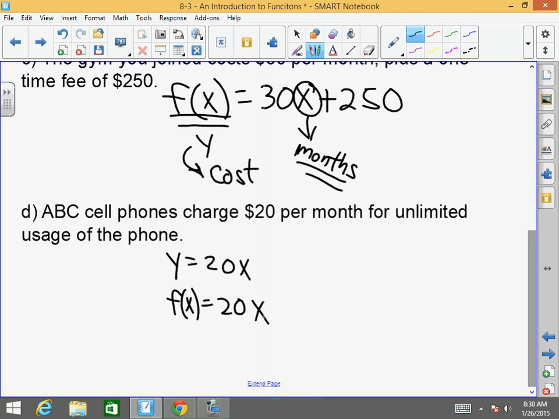It's the same thing as y. So what have I told you? What does this f of x stand for? What does this y stand for? That's the cost. And what does the x stand for? The number of months. You with me here, guys?